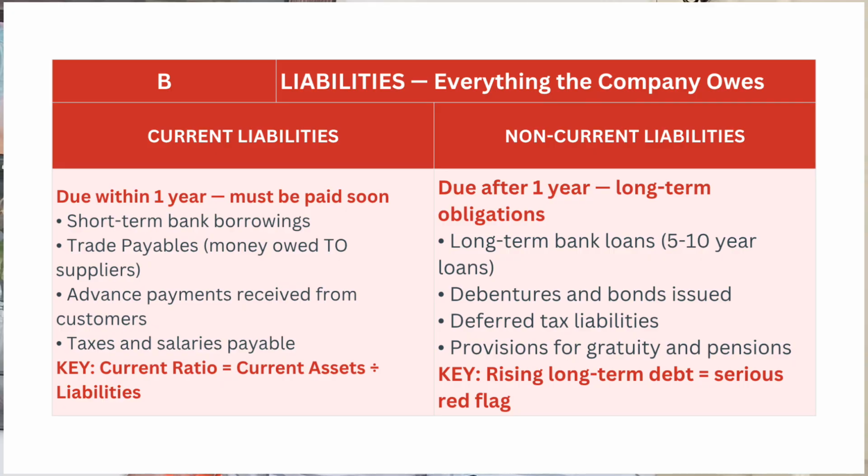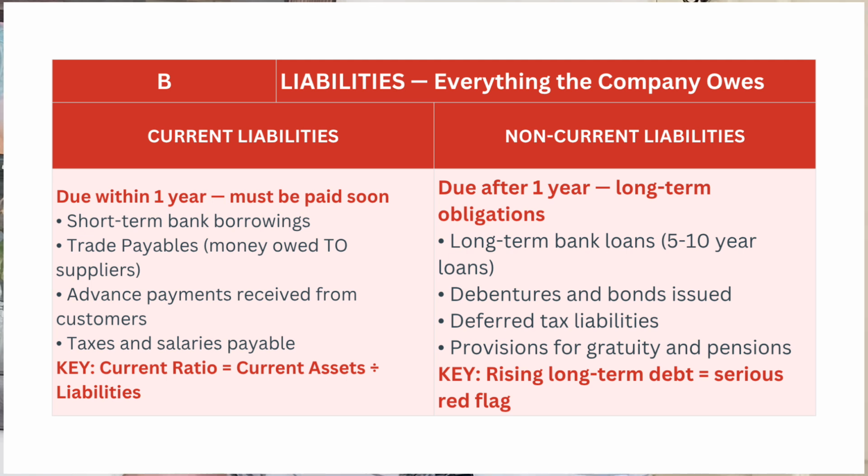Next, B, liabilities: everything the company owes. Current liabilities, due within 1 year, must be paid soon: short-term bank borrowings, trade payables, money owed to suppliers, advance payments received from customers, tax and salaries payable.